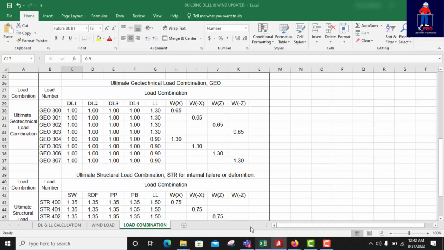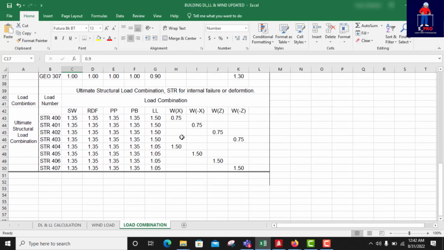Okay. The last but not the least is the ultimate structural load combination, STR. Okay, so all the dead load we have a factor of 1.35, live load 1.5, then our wind load 0.75.